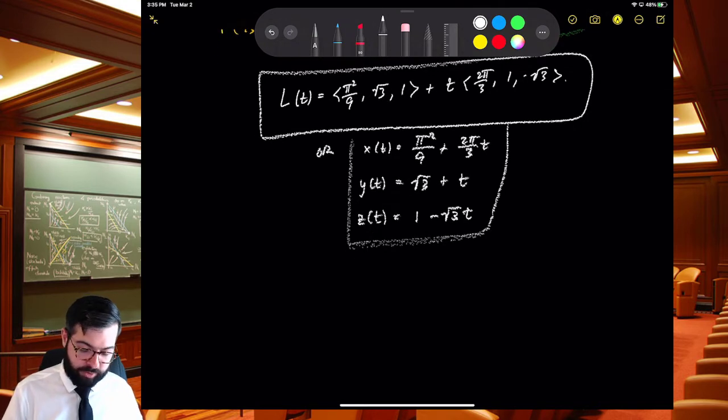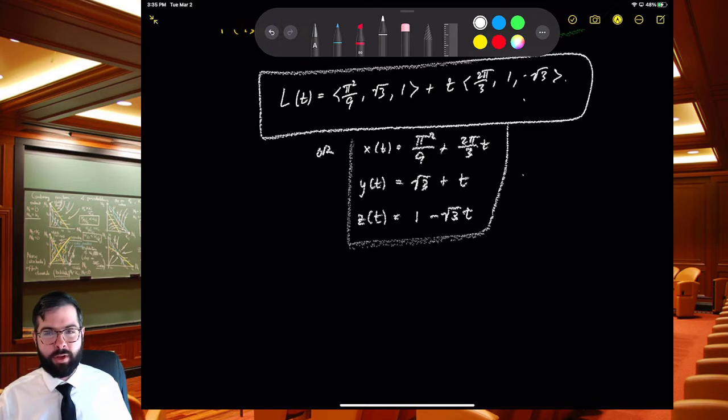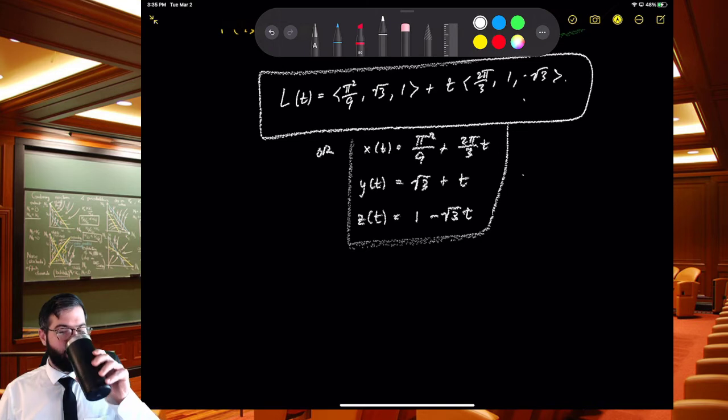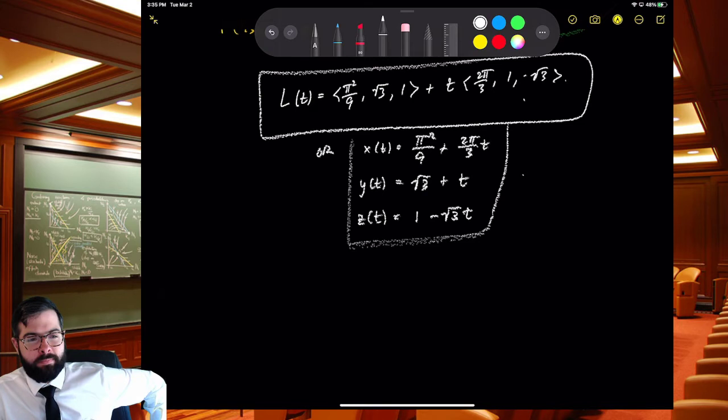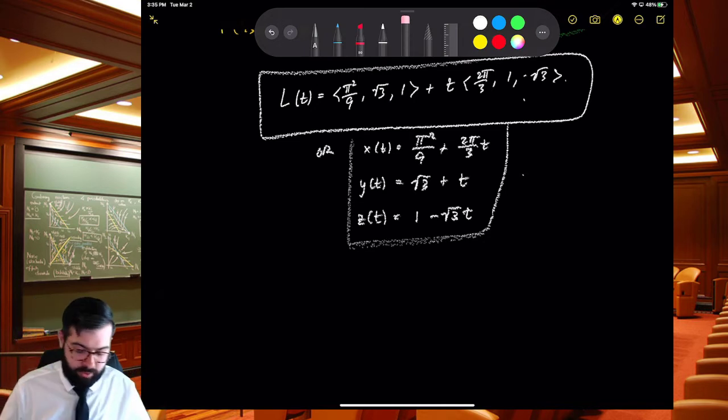So we've got the parametric equations, vector equations, and how do we find the symmetric equations again? Great question, Mally. Thank you, class. Thought of it myself. How do we solve for symmetric equations?